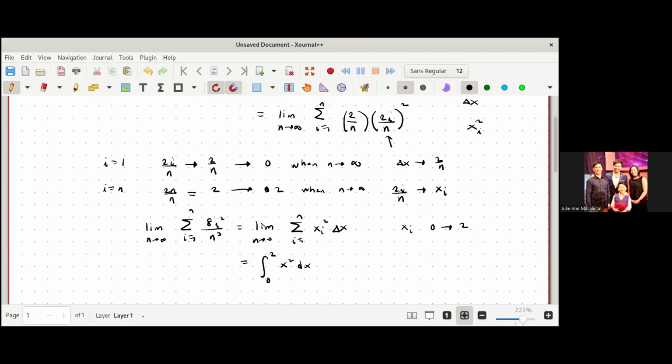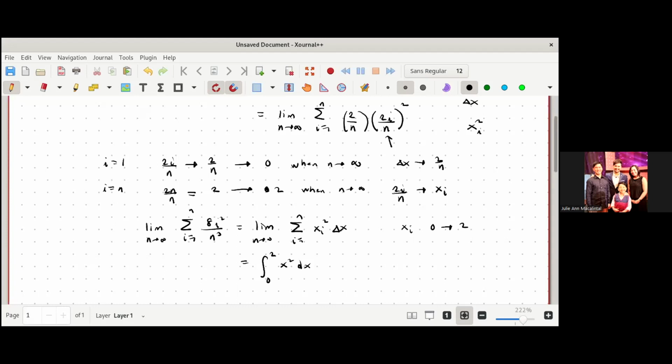Kasi dito, yung limit na yan, pag binigyan ng sum na to, pwede mong gawin na gamitin natin yung sum ng i squared formula. Pero kung na-identify mo na, wait, this is just the integral of 0 to 2 of x squared dx, madaling i-evaluate ito kung marunong ka ng antiderivative. So, shortcut method din siya.